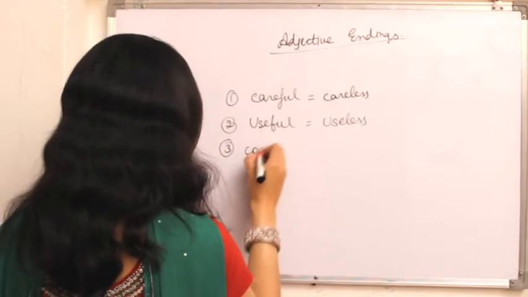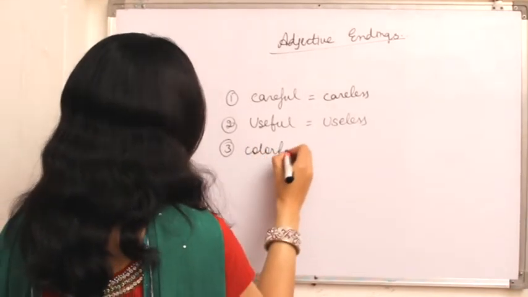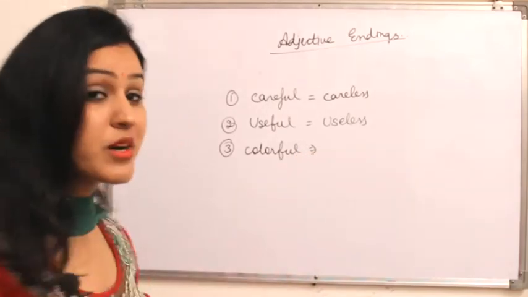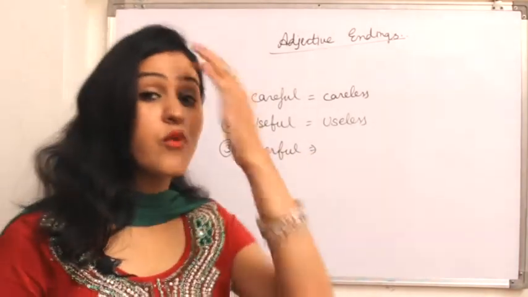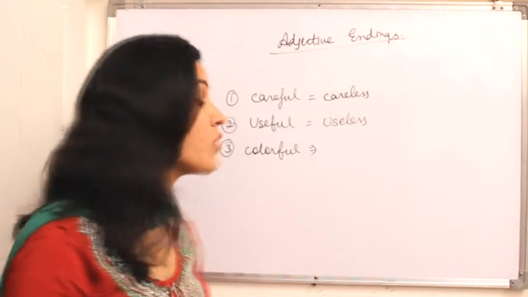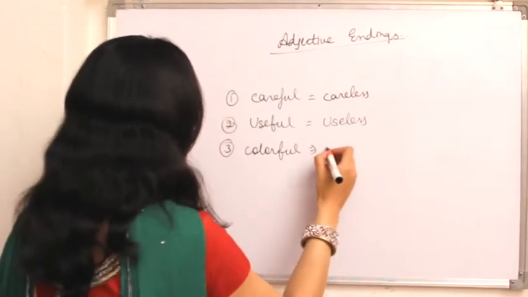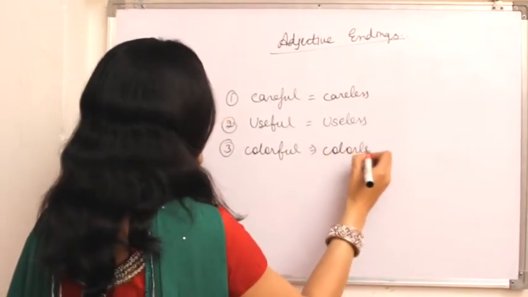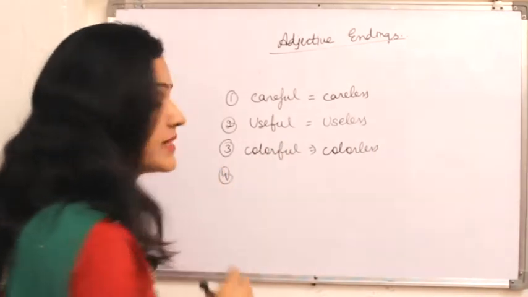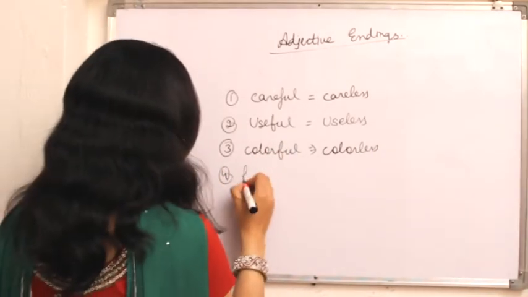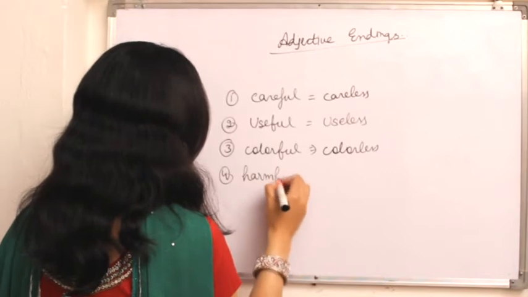Now I write here colorful. When we're talking about a colorful thing, what is the exact opposite of it? It is colorless. Okay, so at the end I just end it with harmful.